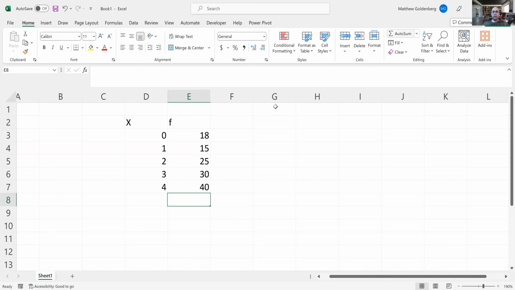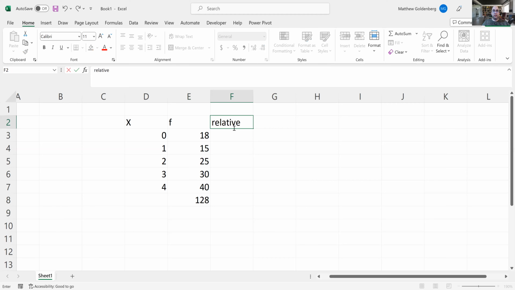And you remember from previous stuff that you can calculate something called a relative frequency. To do that, you take the frequency that you have, in this case 18, and divide it by the total number of observations, which in this case is 128.